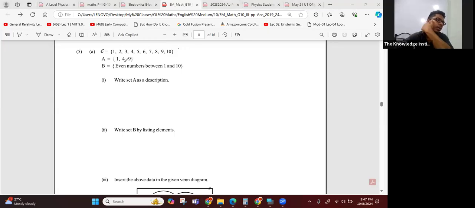Set A is 1, 4, 9. Set B is even numbers between 1 and 10. Write set A as a description. So what is A as a description?